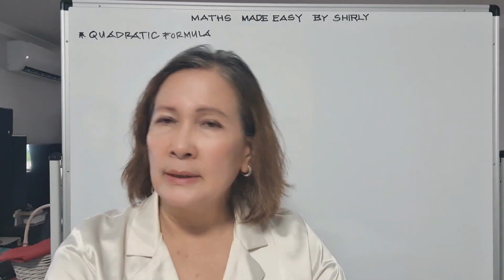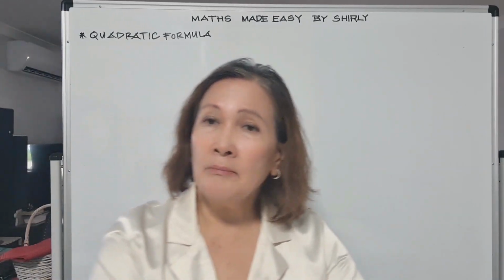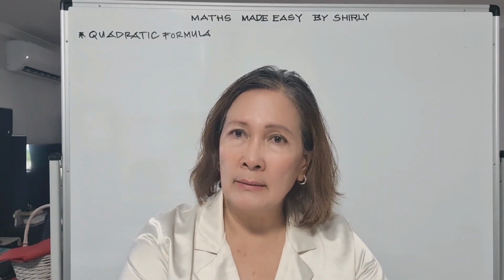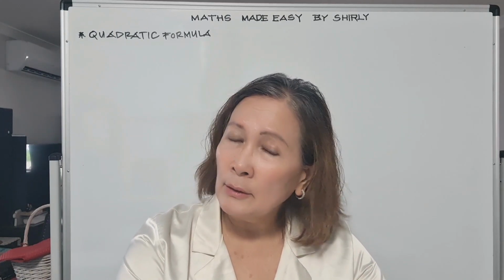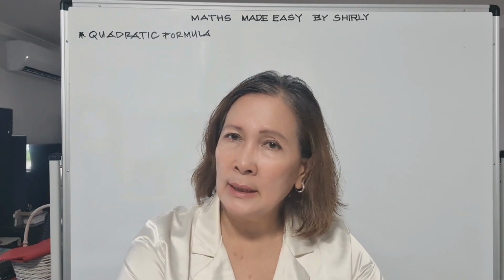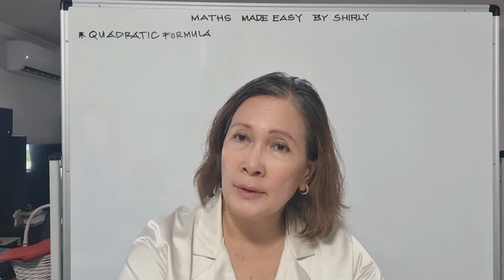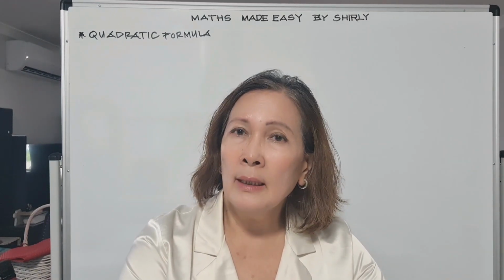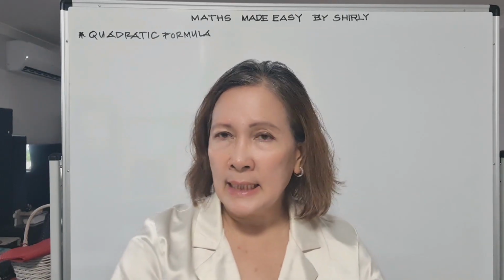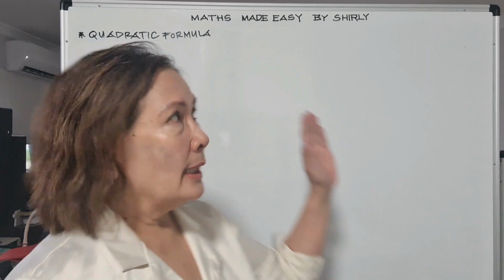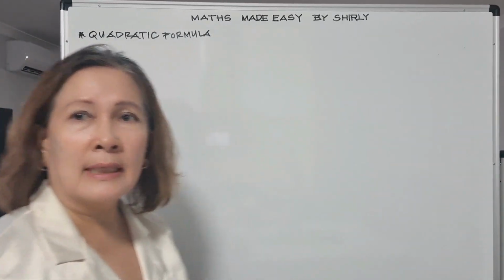But speaking of quadratic equation, it doesn't mean that you can only solve it using the quadratic formula. We can also solve for the unknown in the quadratic equation using factoring. You can also use a graph to find the unknown. Well, anyway, let's proceed to quadratic formula.